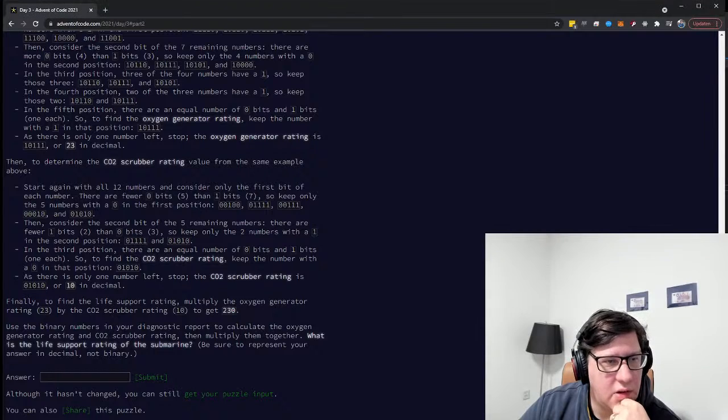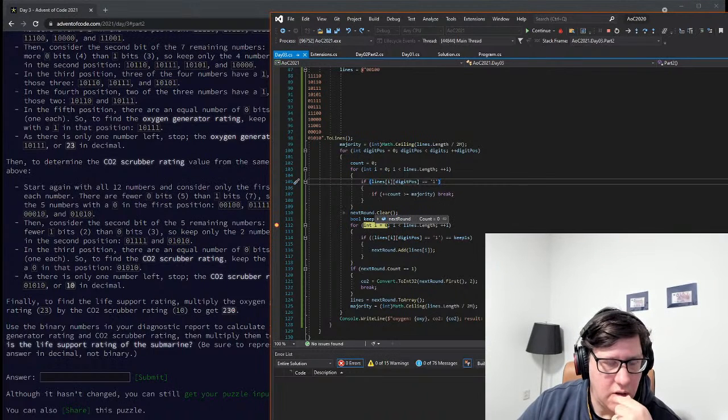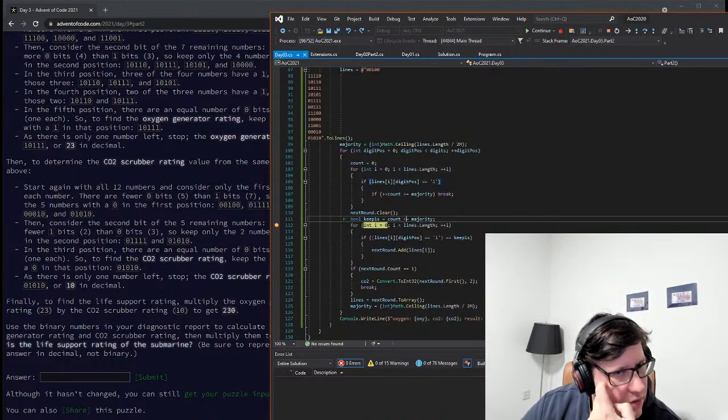It says 6 here. Yeah, because it reaches the majority of ones. So actually it needs to be the inverse of keep the ones, right?